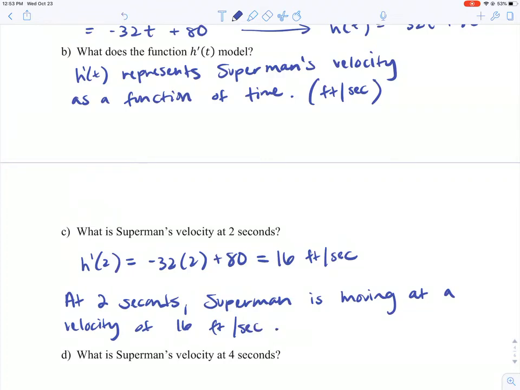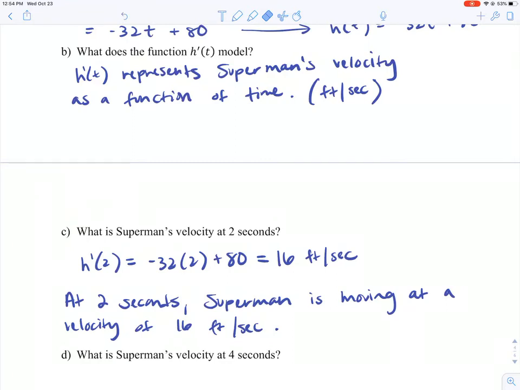In other words, you could say Superman is traveling through the air at a rate of 16 feet per second.